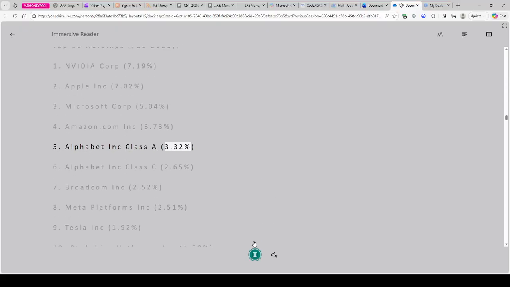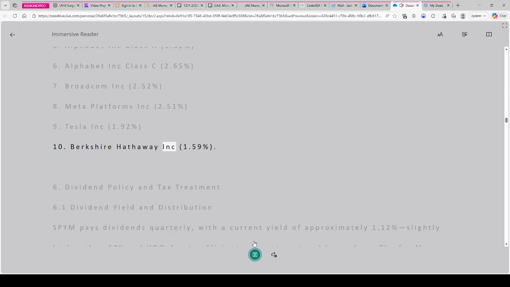Alphabet Inc. Class A, 3.32%. 6. Alphabet Inc. Class C, 2.65%. 7. Broadcom Inc., 2.52%. 8. Meta Platforms Inc., 2.51%. 9. Tesla Inc., 1.92%. 10. Berkshire Hathaway Inc., 1.59%.